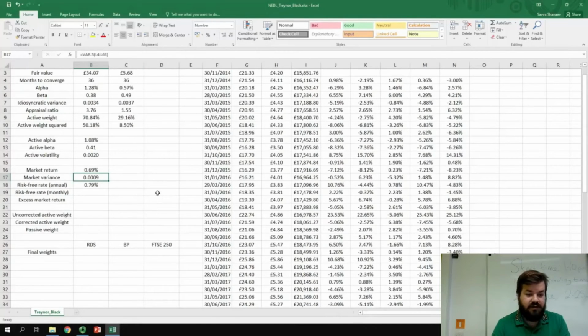Now, we need to find the excess market return. The excess market return is the difference between the average expected market return and the risk-free rate. And this idea revolves around calculating the risk premium. So, how much of an extra return do you get by investing in a risky asset compared to a risk-free alternative?